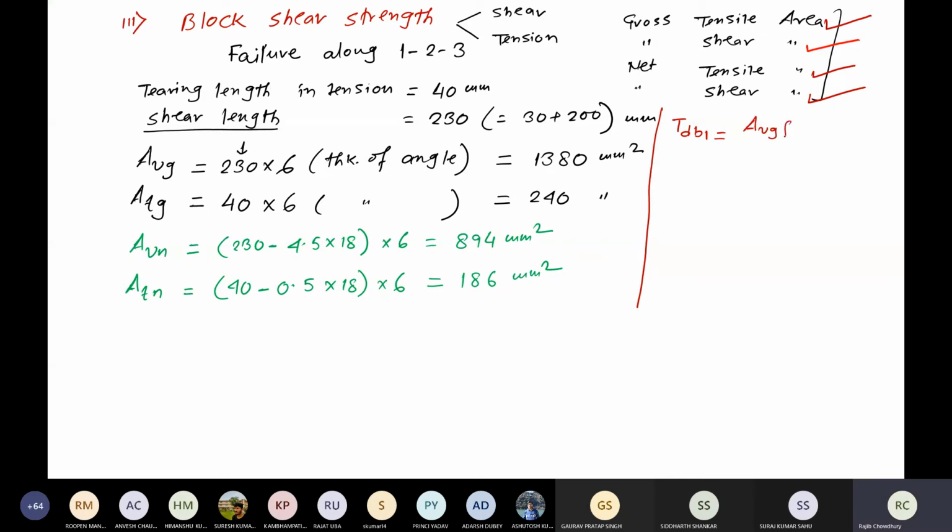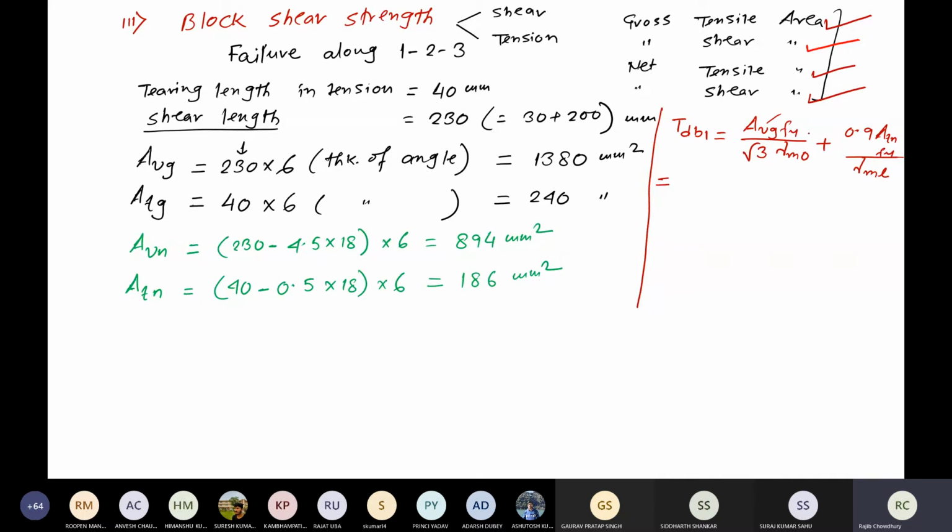Avg times Fy divided by square root of 3 times gamma m0, plus 0.9 times Atn times Fu divided by gamma m1. So this is one of the formulas. Let us first evaluate these values. Now you know everything over here.